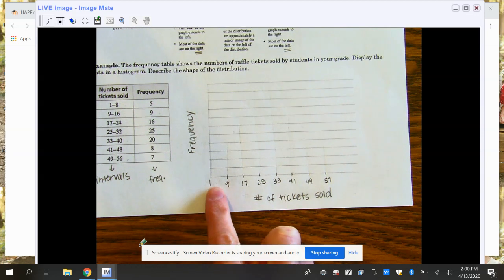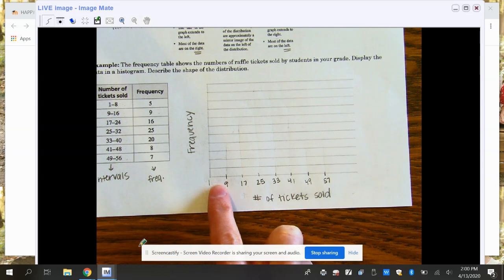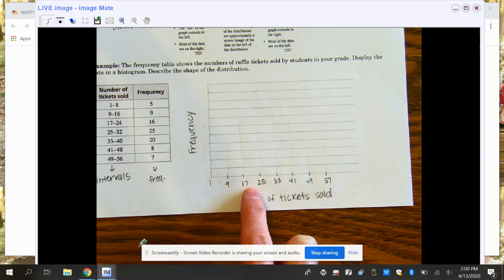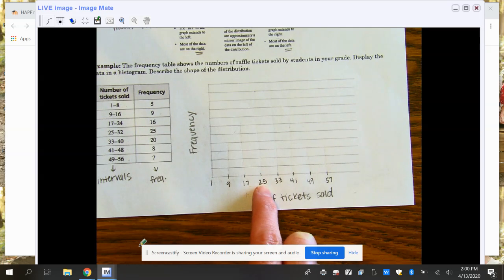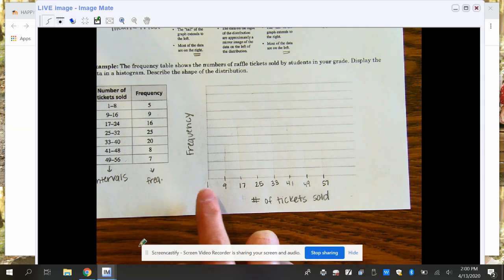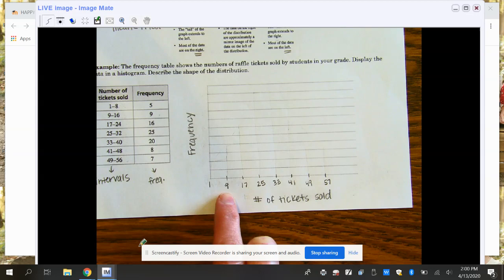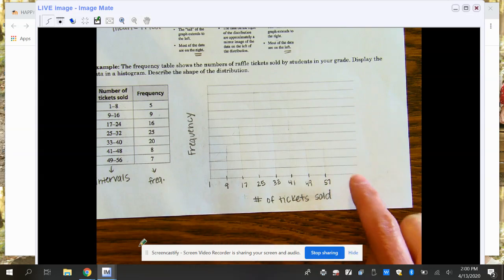So you still need to be able to understand that this first one is actually between 1 and 8. This is between 9 and 16, 17 to 24, and so on and so forth. So again, the left number is where your interval starts. The right number is where the next interval starts.